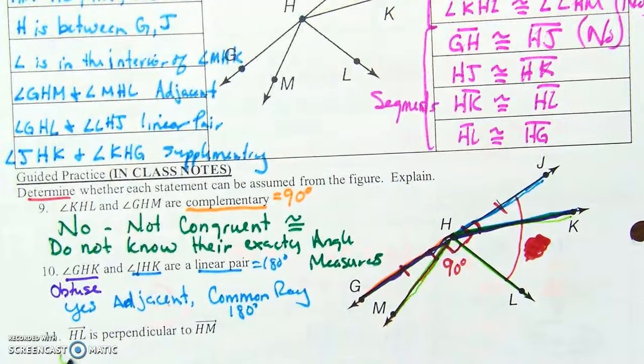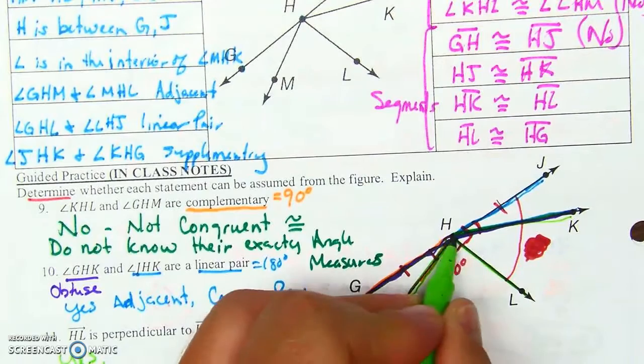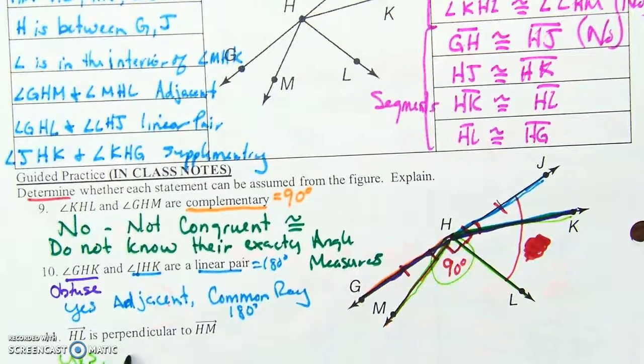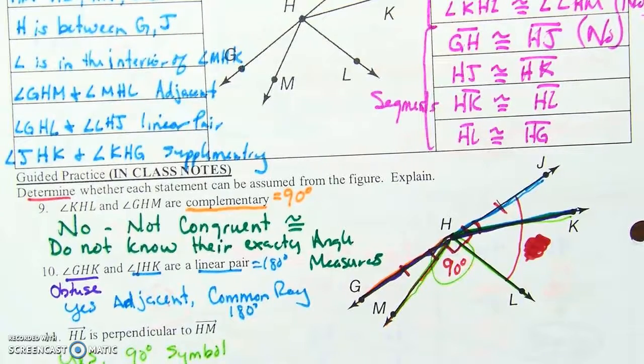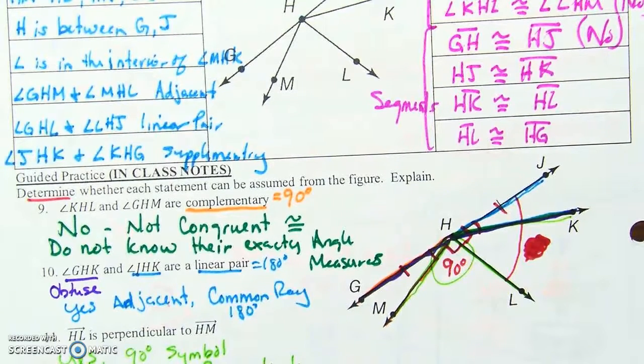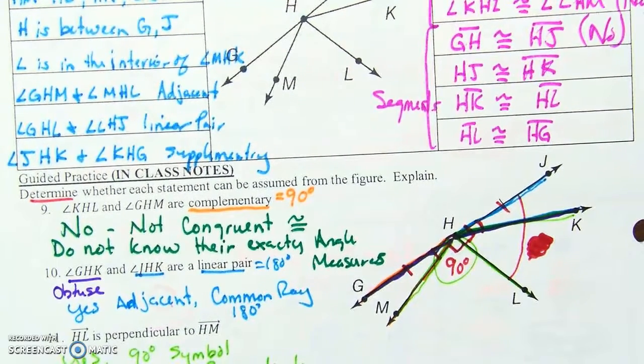We can say yes because of this symbol right here, the 90-degree symbol, that they are perpendicular. And what's the symbol of that again? We can say HL is perpendicular to HM, because that symbol right there tells us exactly that.